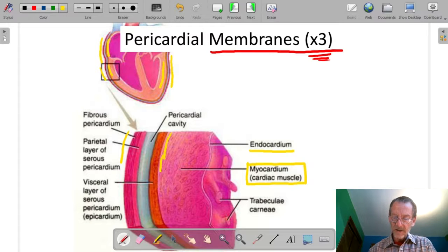The endocardium is an epithelial membrane, but it's continuous with the endothelium.